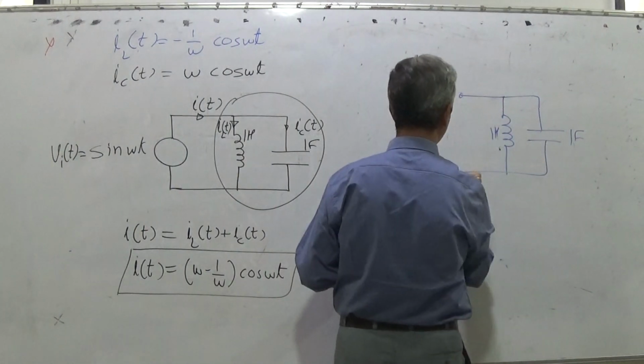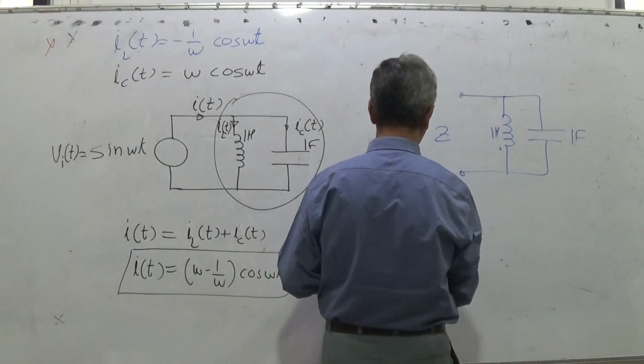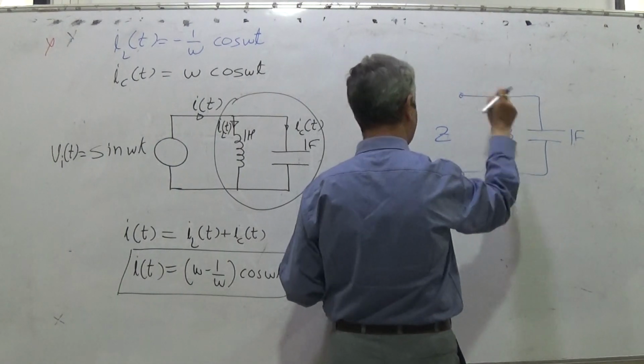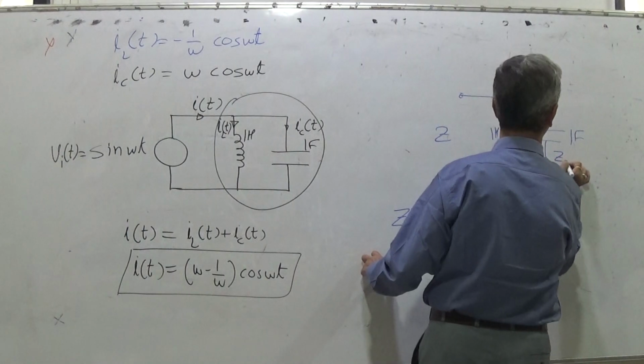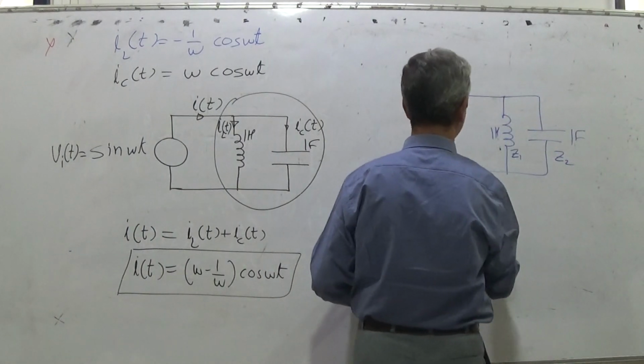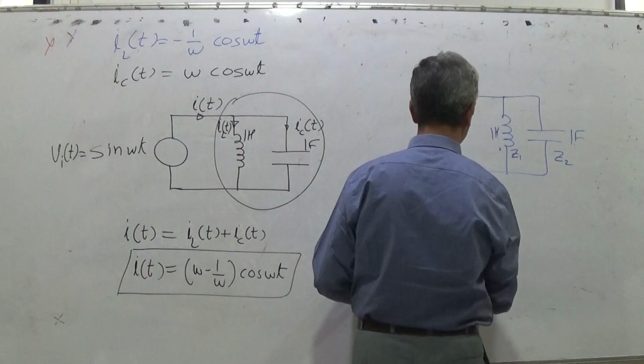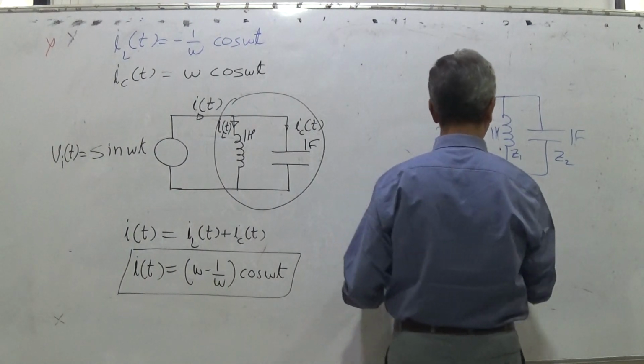So the net impedance Z of L and C in parallel, I can call Z1 and Z2. So it is Z1 Z2 upon Z1 plus Z2. What is Z1?